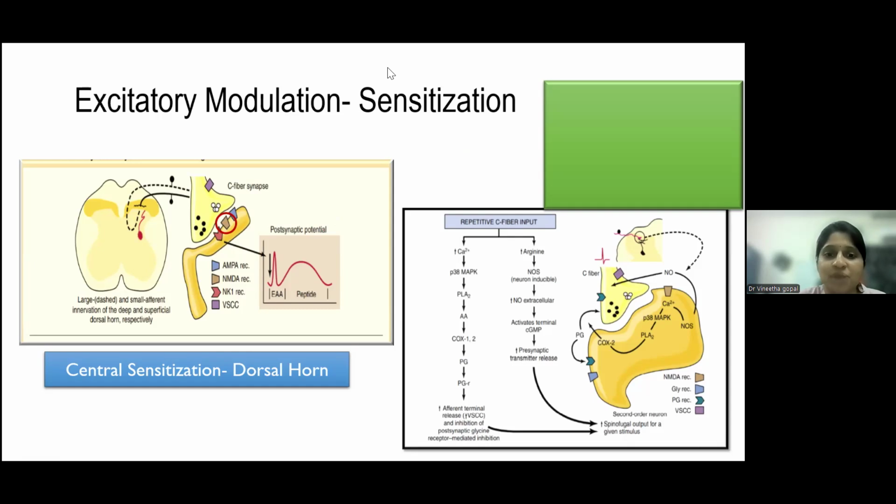Correct, methadone. So many people have come up with the answer. Very good. Methadone has action on NMDA. Any other NMDA antagonist that you know of? There is one drug. Yes, ketamine. Very good. So ketamine, methadone, even magnesium, all these are NMDA antagonists.